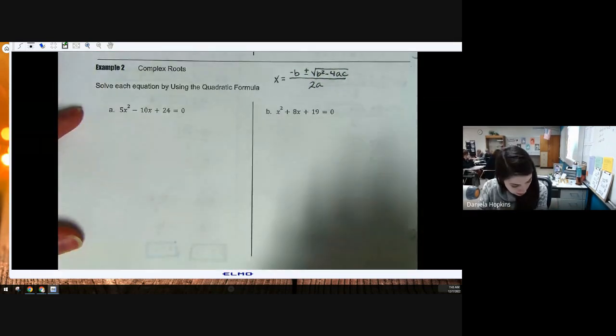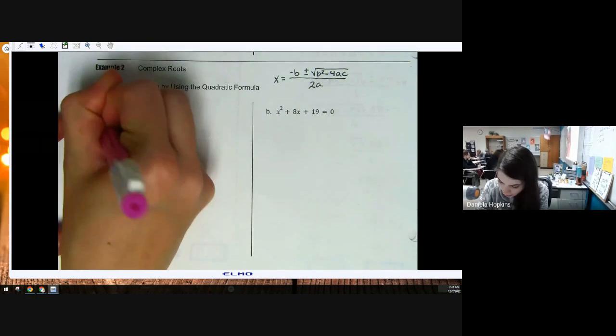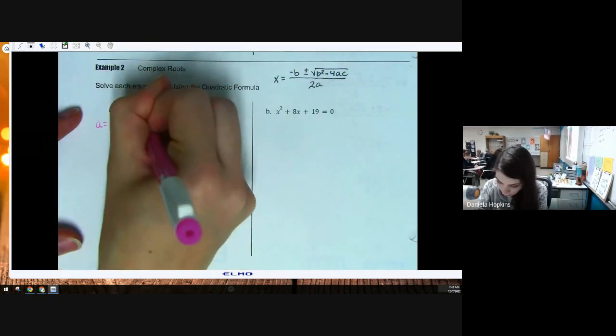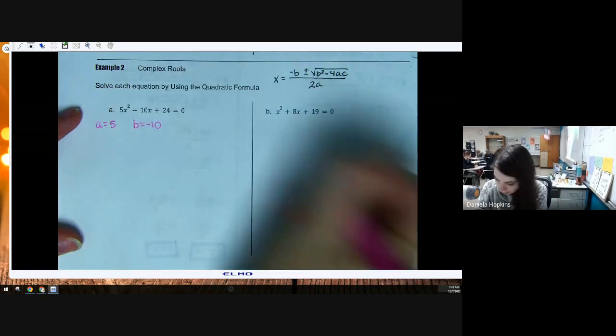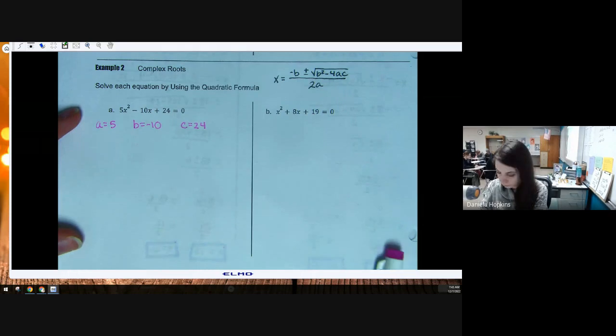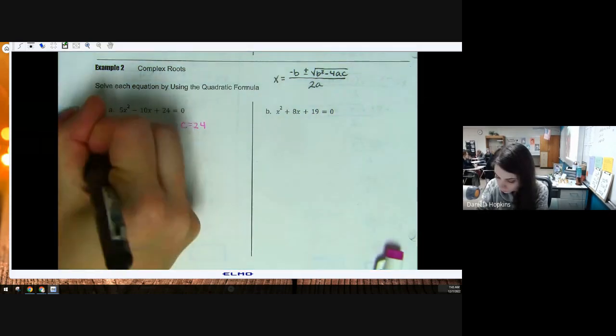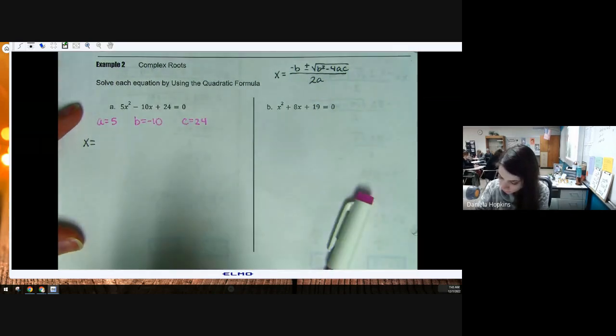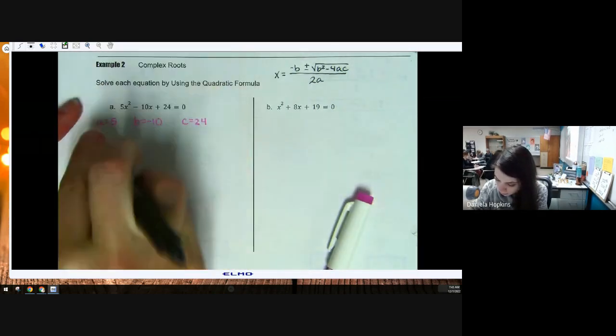So part A here, my A is 5, my B is negative 10, and my C is 24. So I'll have x equals negative 10. I'm just going to scoot this up.